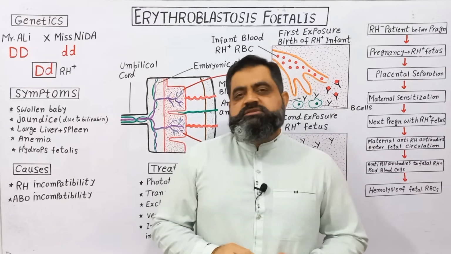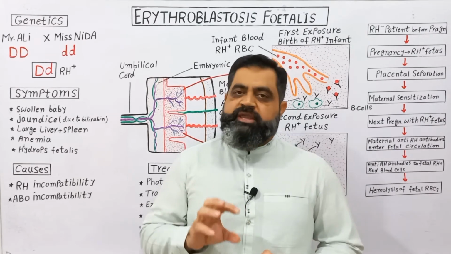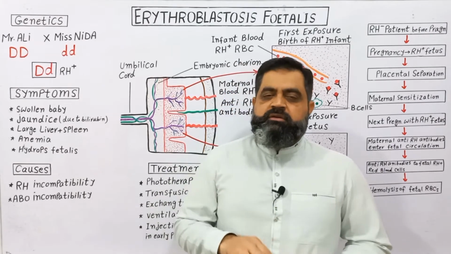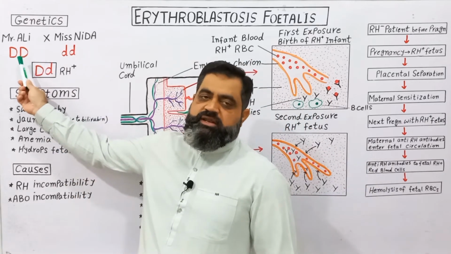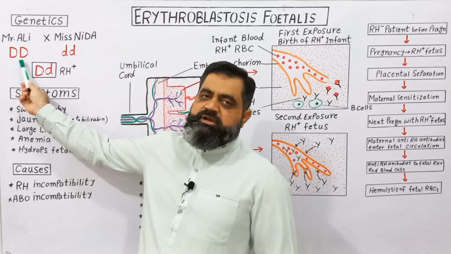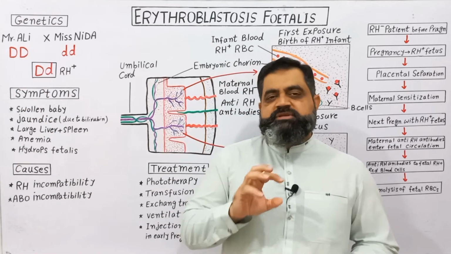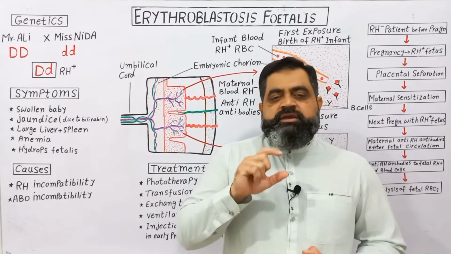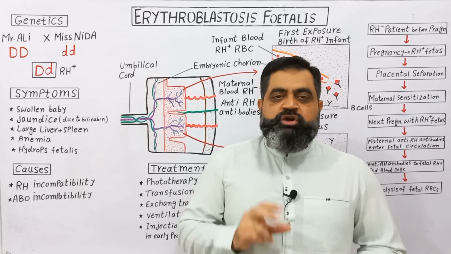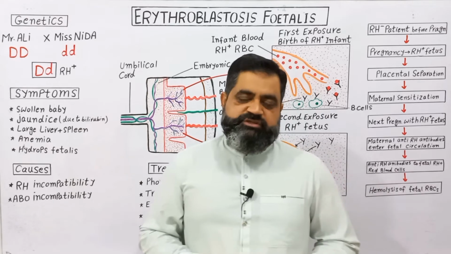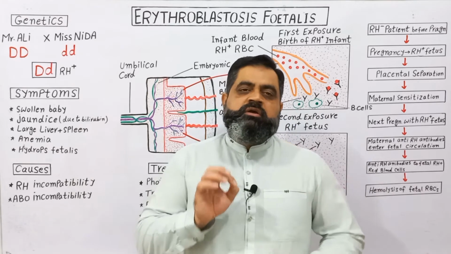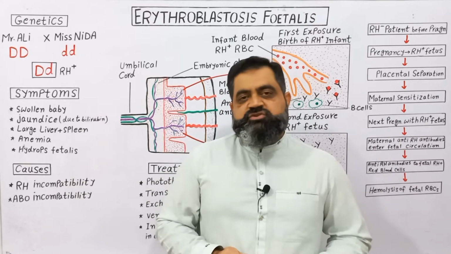Both of these persons have blood group A, but Mr. Ali contains an allele known as capital D, which represents that his blood group A contains another antigen, Rh positive, on the surface of RBC.